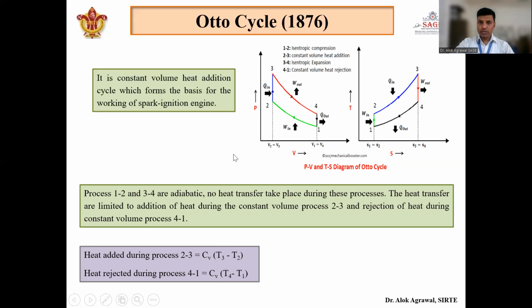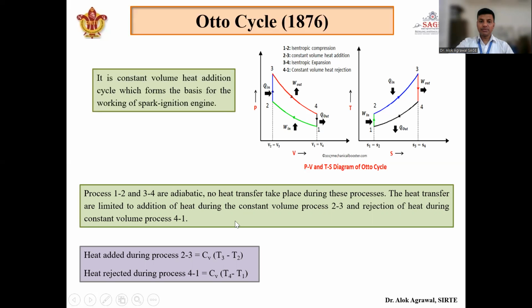So the heat added during process 2 to 3 can be evaluated as specific heat at constant volume multiplied by the rise in temperature. We consider that at point 2 the temperature of the working medium is T2, and at point 3 it is T3.